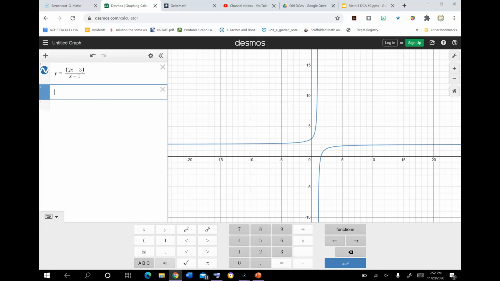Second line is the right-hand side, so it's going to be y, oh, not x. It's going to be y equals 8x plus 1 divided by 4x plus 5. Okay, where do they intersect?